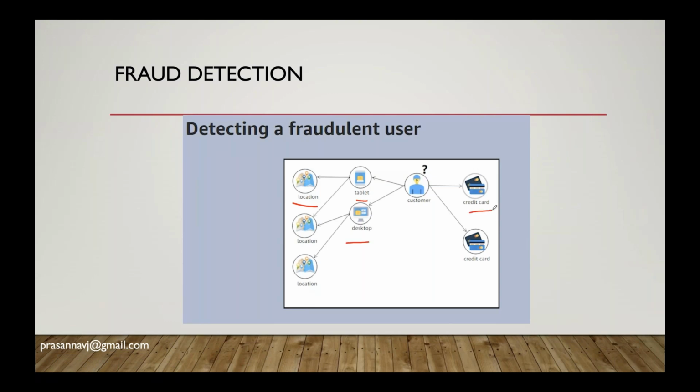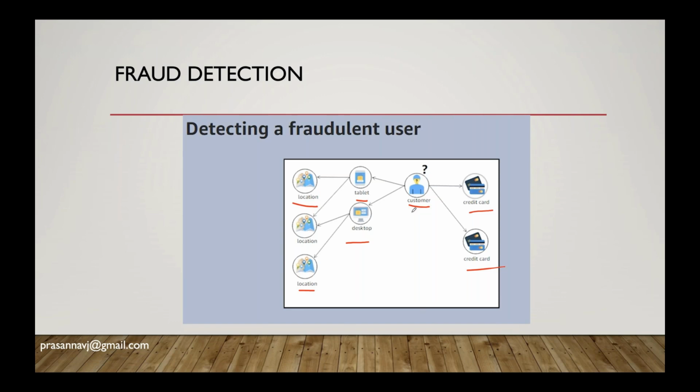The historic information is used, and suddenly a new location pops up which is completely unrelated to the customer, or a new device or a new card pops up. These are some of the events that can help you identify fraudulent transactions in the case of credit card or debit card usage.